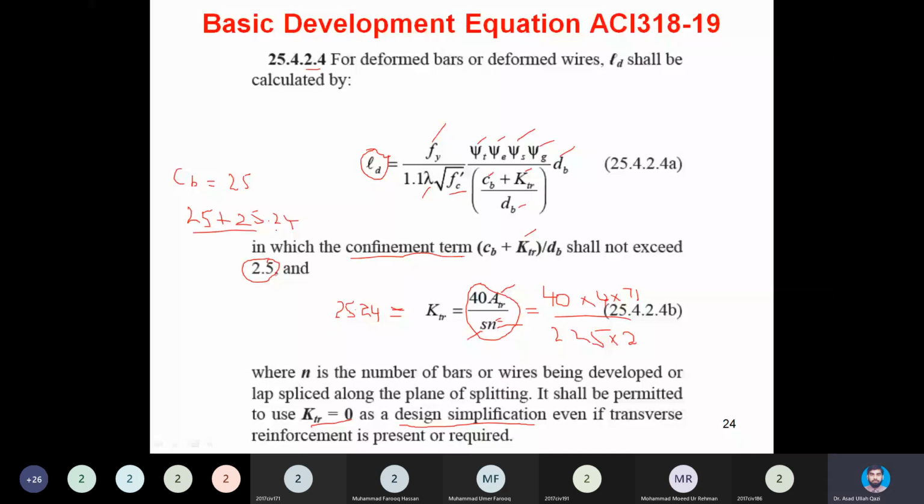So the confinement term within square brackets will be 50.24 divided by 25. So what will be the answer? 2.0, something like 2.01.